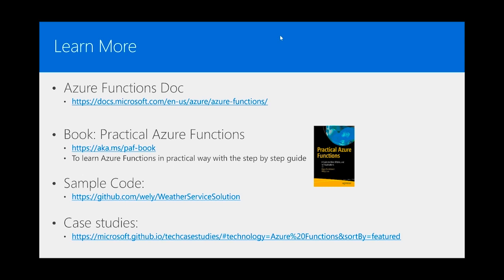This book is about the practical aspect, right? You can start doing hands-on work with this book. It will guide you through a few scenarios, which I showed you earlier. Again, the sample code is also available at the GitHub link over here, and you can look at some of the other case studies in this last link.